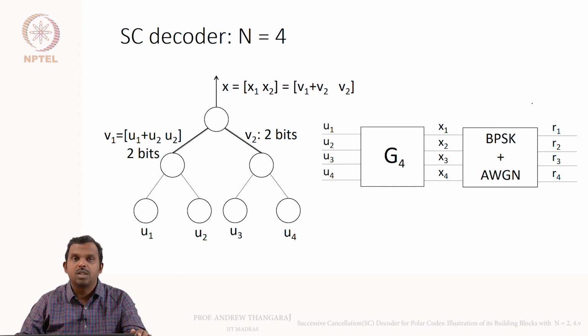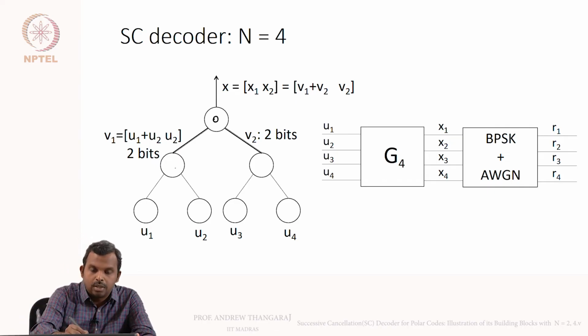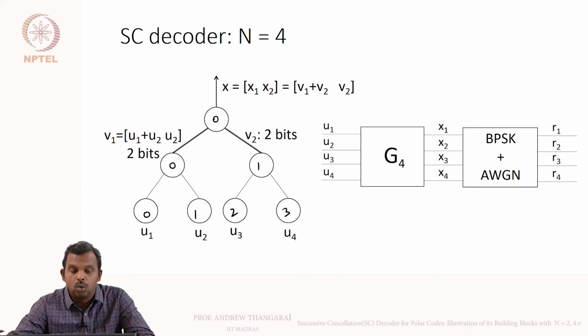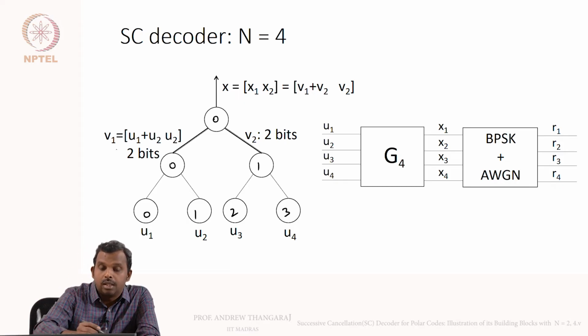So now, how is the situation for n equals 4? If you remember, the binary tree is slightly larger, you have depth 2. The root node is here, then you have depth 1 nodes, and then depth 2 nodes, and you have u1, u2, u3, u4. You find an intermediate vector v1, which is u1 plus u2, u2, and v2 is u3 plus u4, u4.